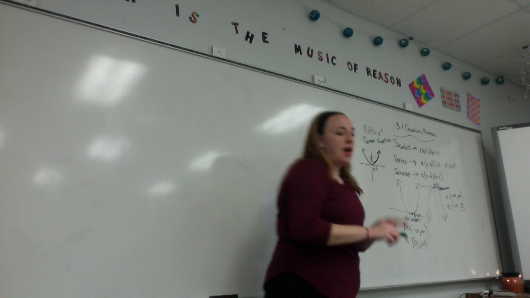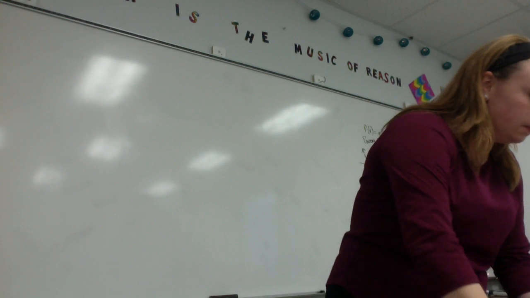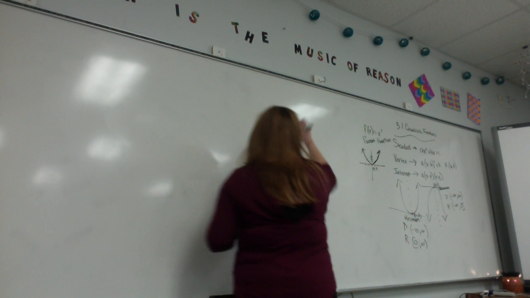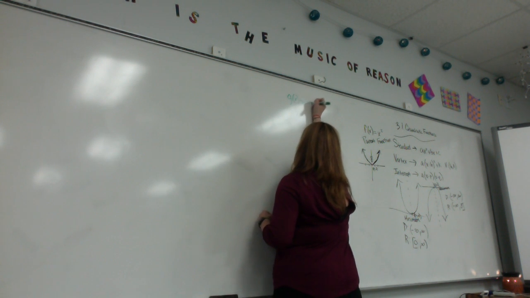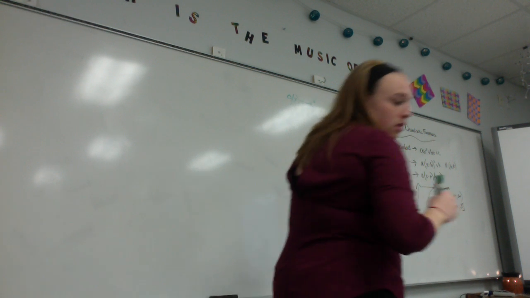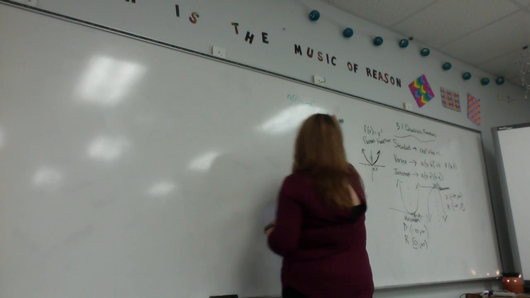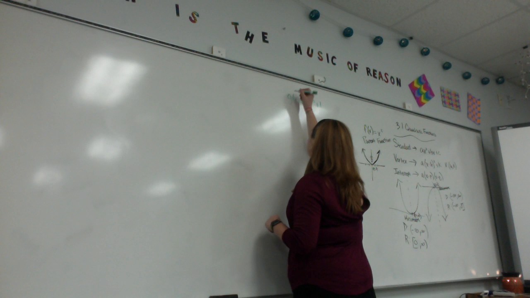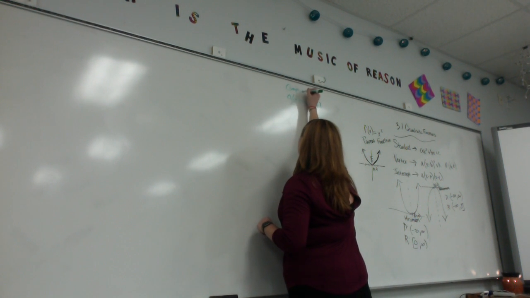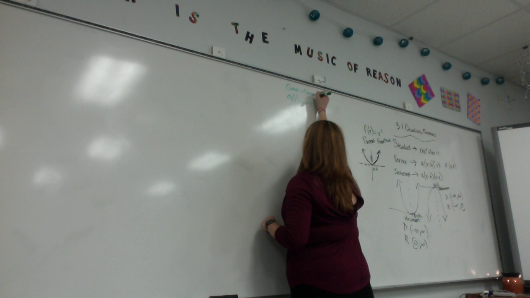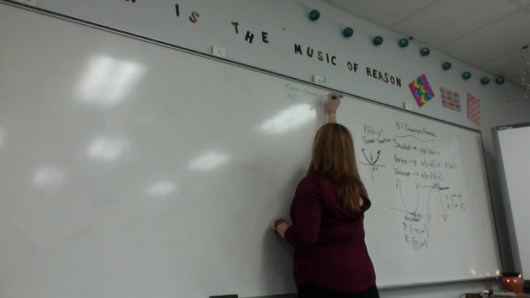So let's graph a couple things on the same graph. Let's graph g of x equals negative x squared plus 1, and we want to graph and compare to the parent function.